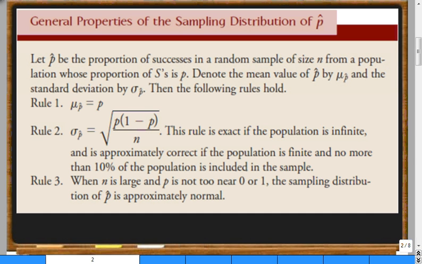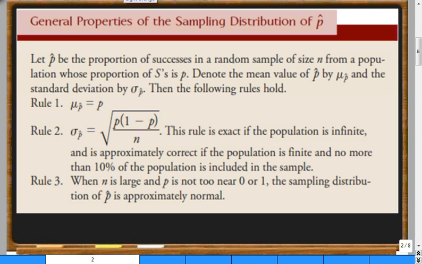Some general properties for sampling distributions. Again, in sampling distributions we talk about this variable p hat. It's like p with a little arrow kind of thing over it. First rule is that when we look at the whole distribution of every possible proportion, the mean of our sampling proportion will be the same as the true proportion over time.